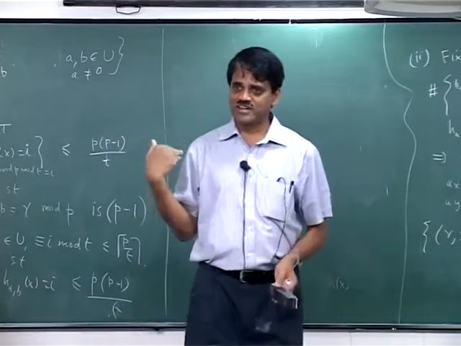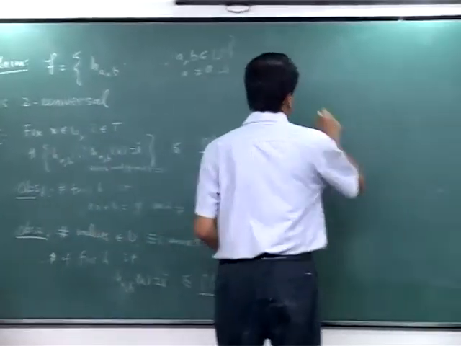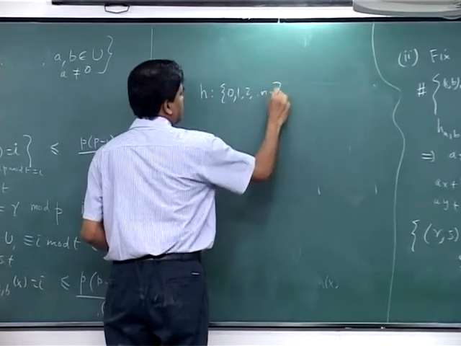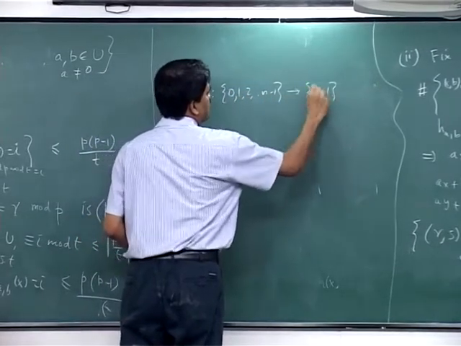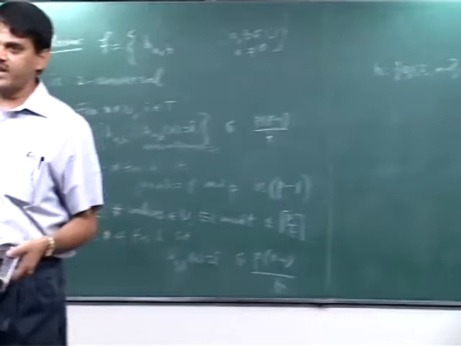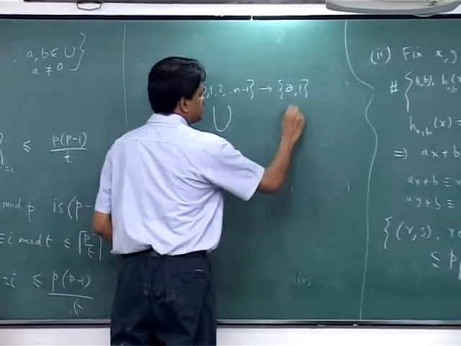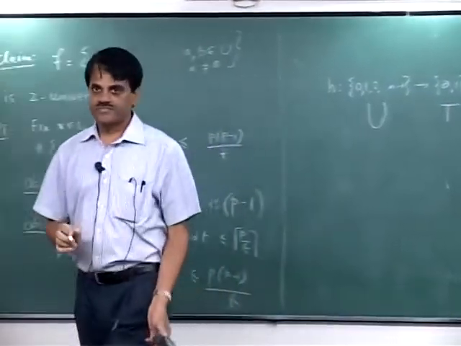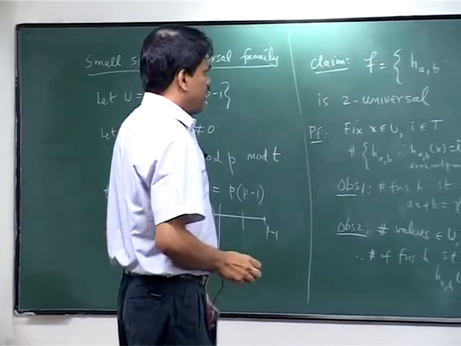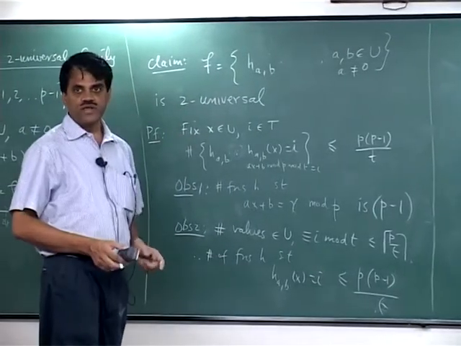An assignment is a function. A 0/1 assignment for these variables is a function which takes values 0 to n-1 for n variables and gives me a value between 0 and 1. For every variable I need a value 0 or 1. So now I'm going to use this as my universe and this as my table, with the universe extended to the next prime and so on, and use this 2-universal hash family.